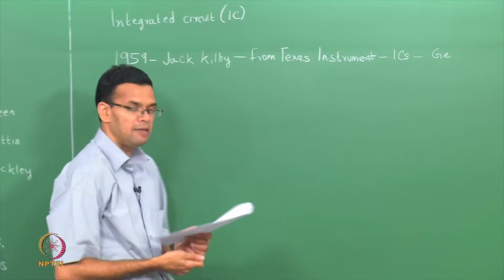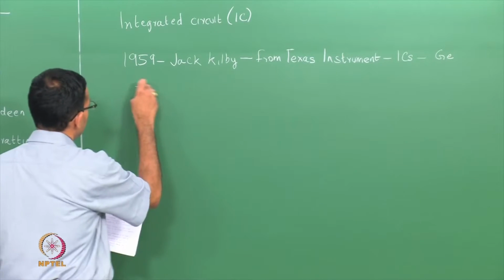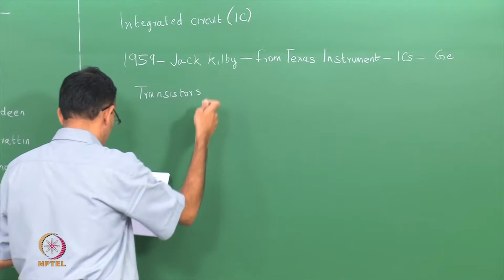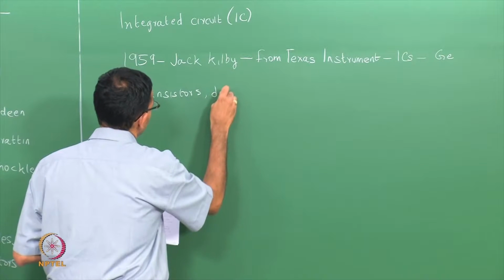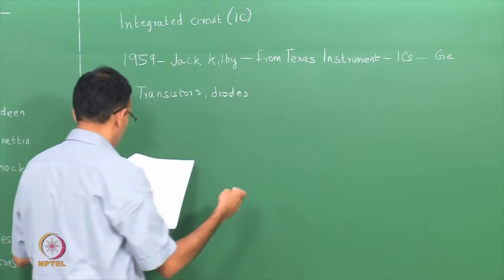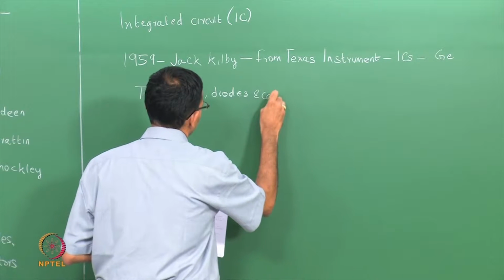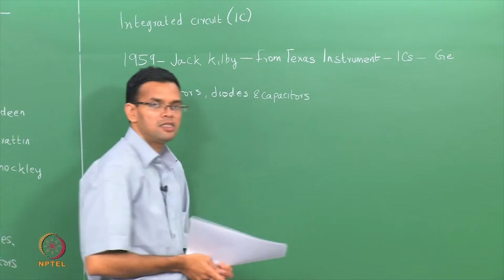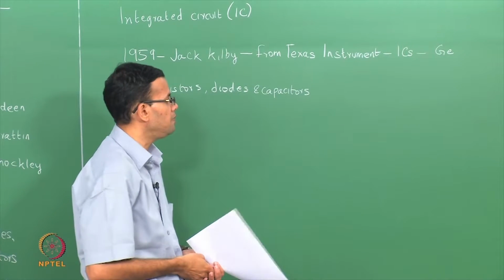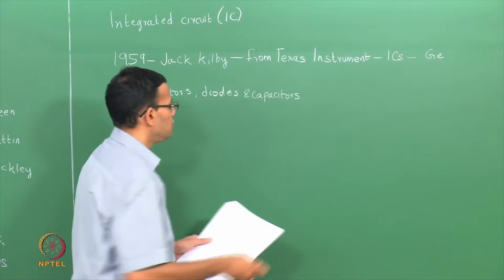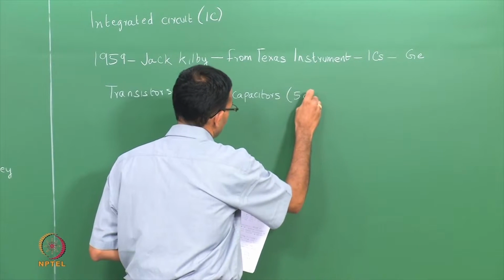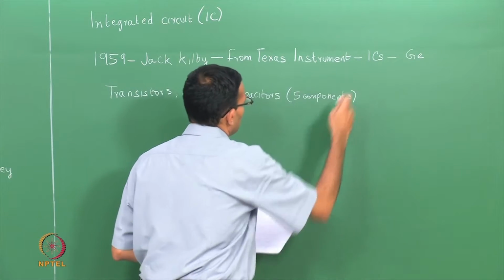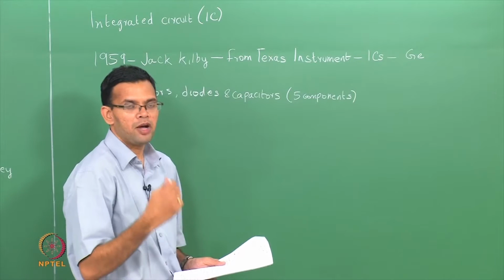In the case of the Kilby circuit, he combined transistors, diodes, and capacitors. And for resistors, he used the natural resistivity of the germanium substrate. So, there were a total of 5 components to this. But these were still connected by wires.